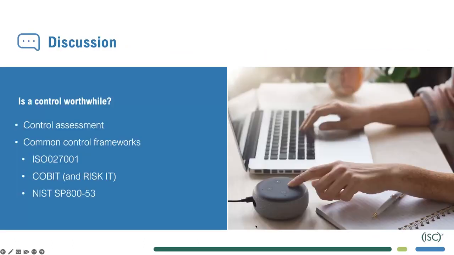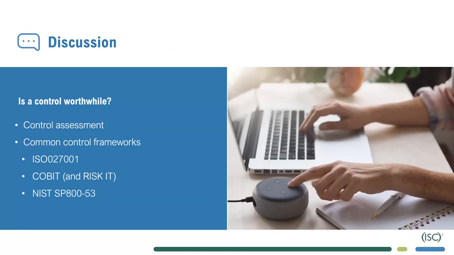And we talked already about whether a control is worthwhile. A decision against the benefit it confers versus its cost, the cost of buying it, the cost of maintaining it. We looked at the common control frameworks, ISO 27001, which companies can be certified to, ISACA that produce the control objectives in IT, and they also produce something called Risk IT.